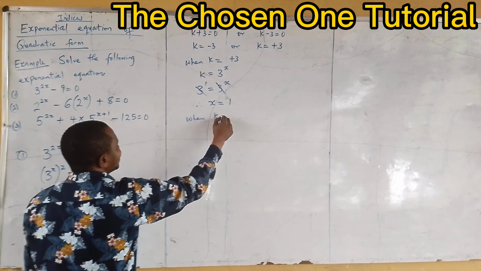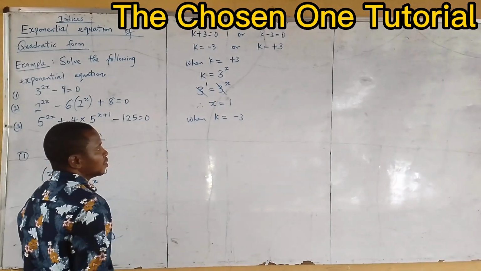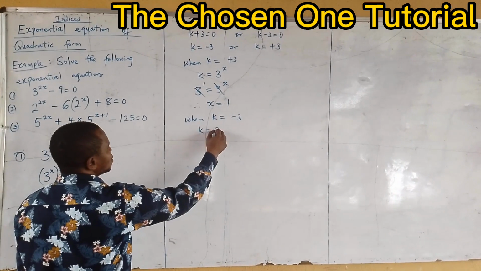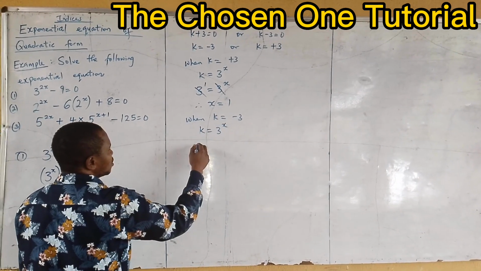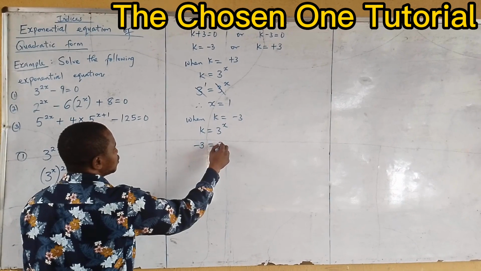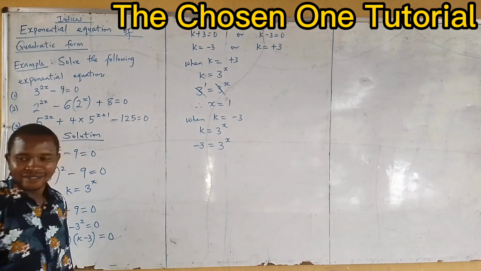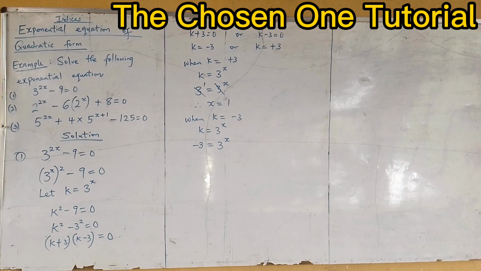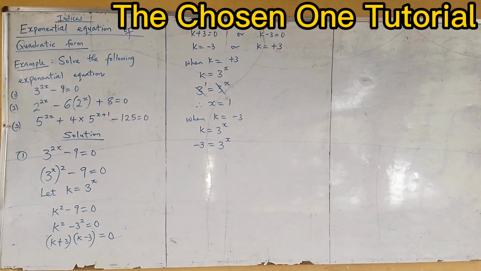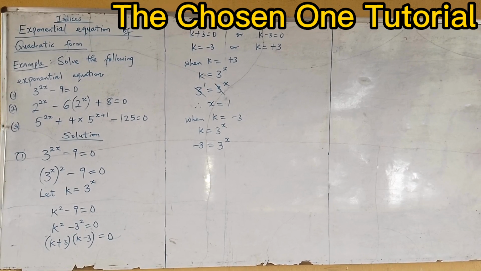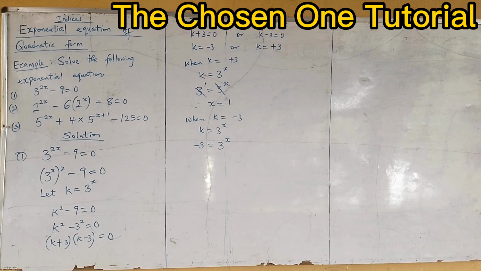And when k is equal to minus 3, don't forget that k is equal to 3 raised to power s. So we are going to have minus 3 equal to 3 raised to power s. And when you have this kind of equation, you are going to express your answer in form of logarithm.